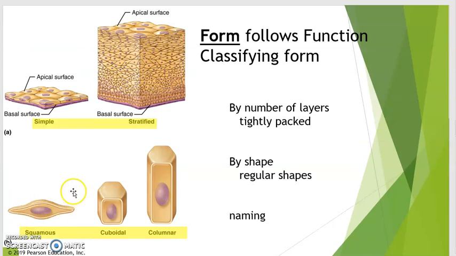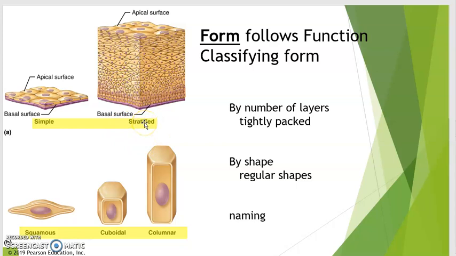We talked about the layers and the tightly packed layers that we would assume would follow for epithelial tissue. We could have very simple epithelial tissue with just one layer of cells, or we could really pack in this epithelial tissue and have it stratified.